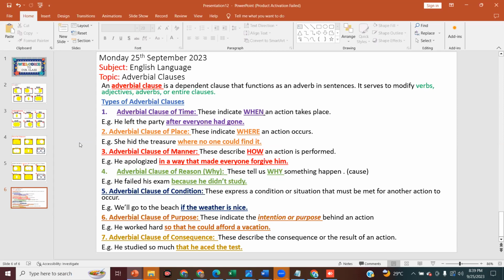You have to write the sentence, Mr. Petit. Is it time, place, manner, reason, condition, purpose, or consequence? Are y'all finished?